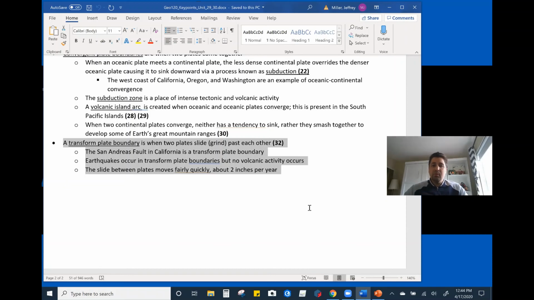This sliding between each other is fairly quick, about 2 inches per year of grinding between one another. So there could be places in California where you measure one day, and then a couple of years later, it's 2 inches apart from where you measured it the first time.